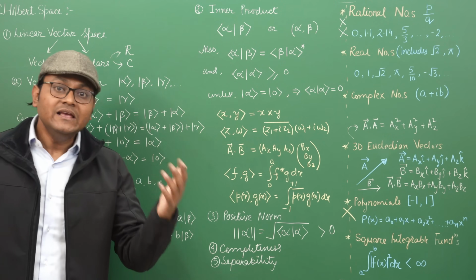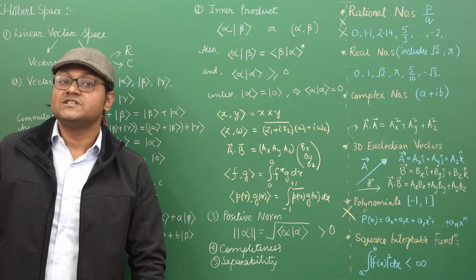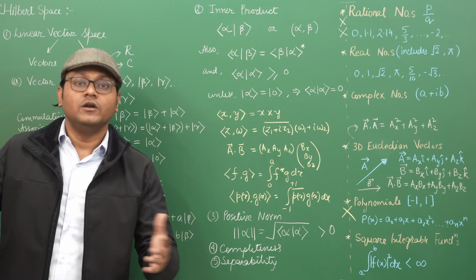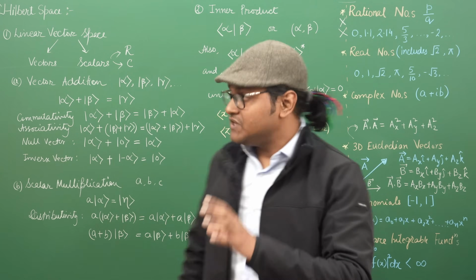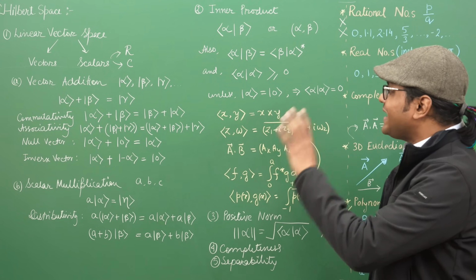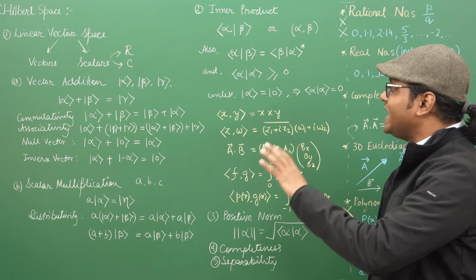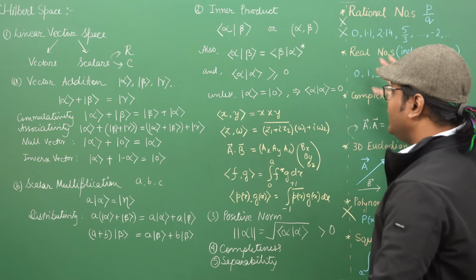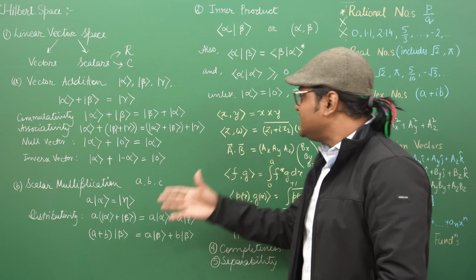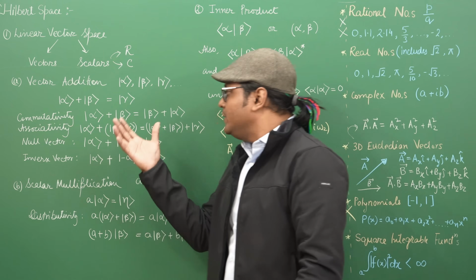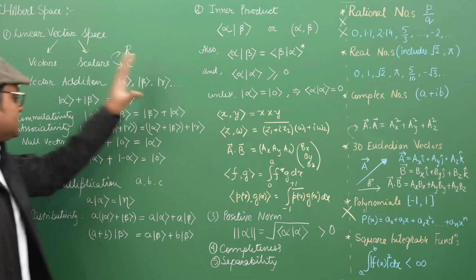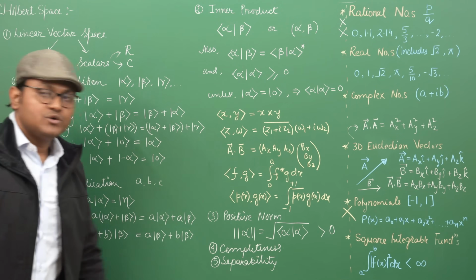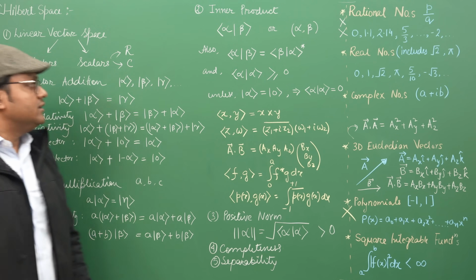However, if you go to quantum field theory, separability is not satisfied for quantum fields. So these are the important criteria of what a Hilbert space is, and because quantum mechanical wave functions or quantum mechanical states belong to Hilbert spaces, they all satisfy these properties, and we will be using these mathematical operations, inner products and various kinds of properties associated with it in our coming lectures.